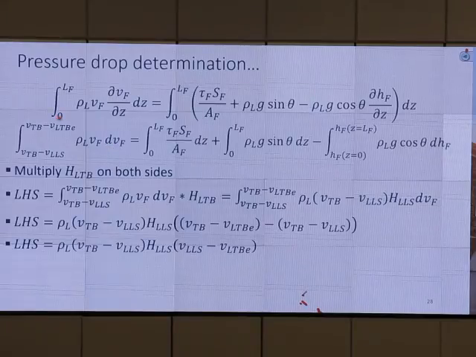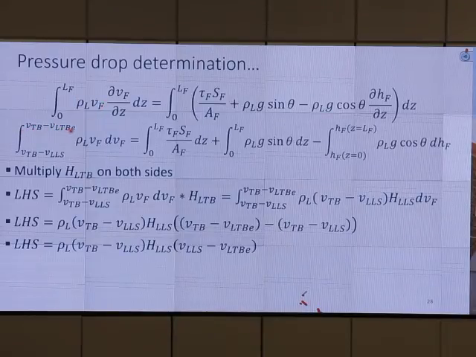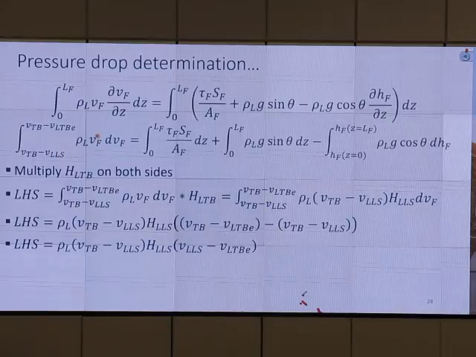When length is 0, VLTB is VLS, so we have VTB minus VLS. When length equal to LF, VF will be VTB minus VLTBE. Or I can write it as VLTBI, initial point and end point. That's the first term. The second term is from that one, the third term from that one, the last term from that one.